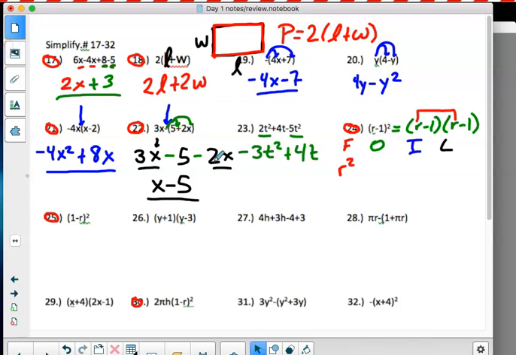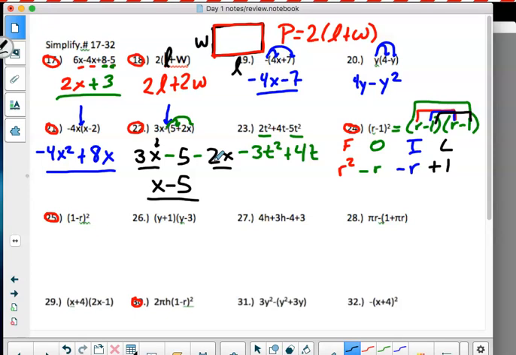Our outsides here is r times negative 1, which is negative r. Our insides are negative 1 times r, which is still negative r. And our lasts here become negative 1 times negative 1, which is plus 1.